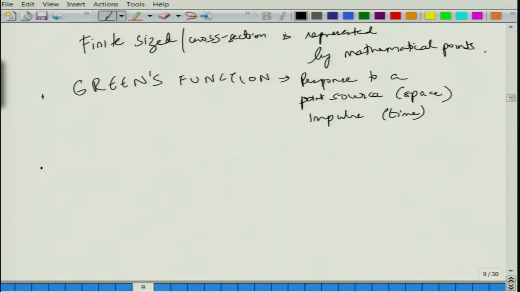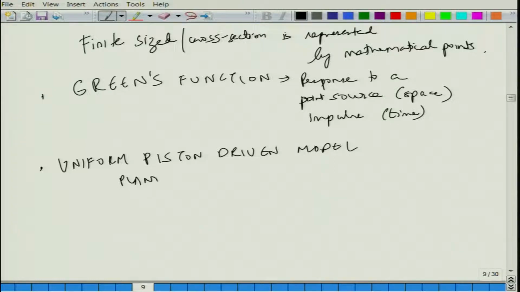The next mathematically more accurate model, which we are going to use for doing some results and compare with 3D simulations computed previously, is the uniform piston driven model, in which you assume planar wave fronts in the port, right at the chamber-port interface.